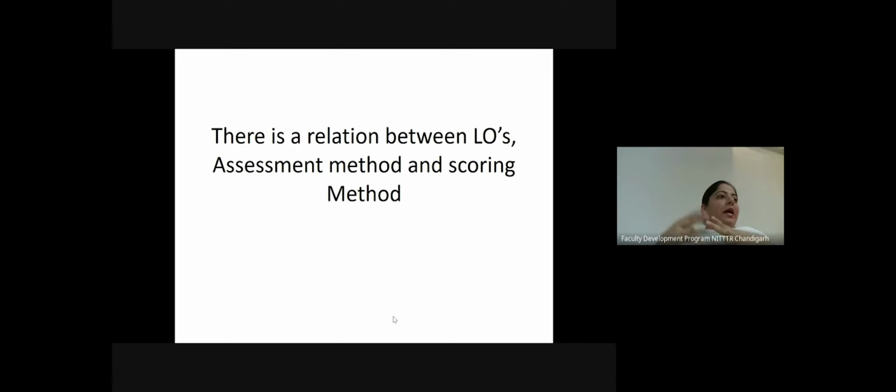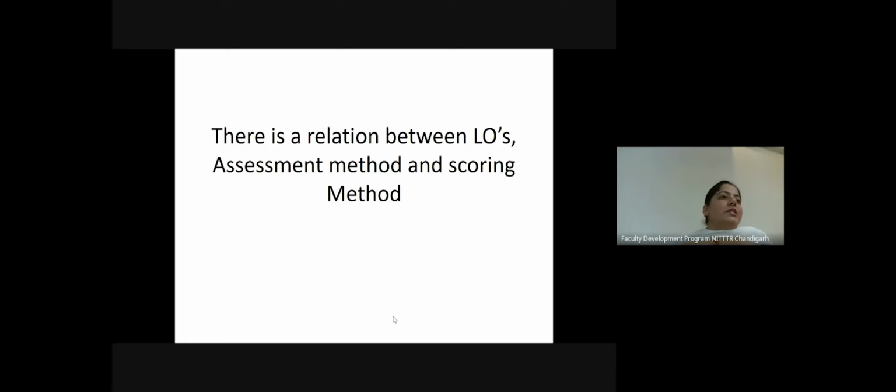When I'm saying apply something to a given situation, it can happen in a laboratory environment, or I'm using a case study method of analysis. So depending upon my learning outcome, I have selected or designed an assessment practice, और जो मेरा scoring method होगा वो क्या होगा? Case study need to be evaluated in a different manner as compared to the traditional written test approach. When I'm saying demonstrate something, it means it is happening in laboratory environment or even in a theory class also it can happen.